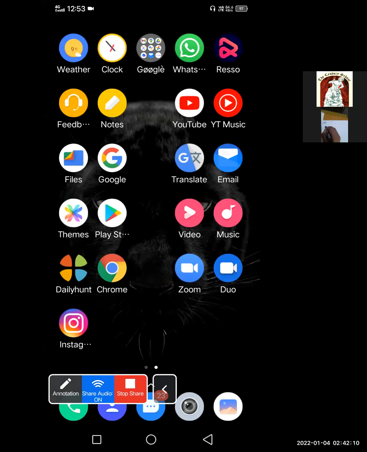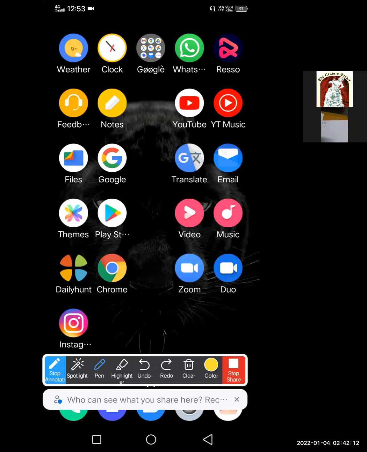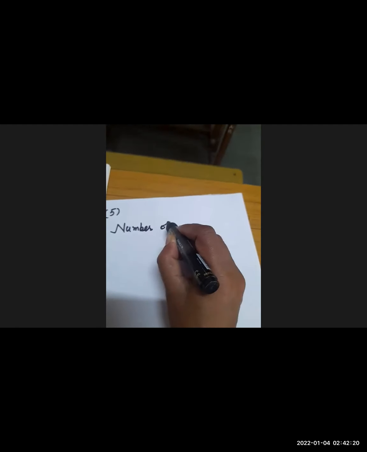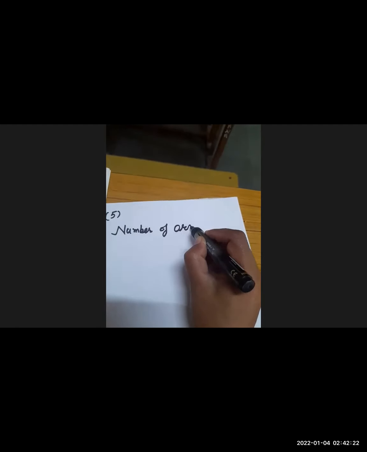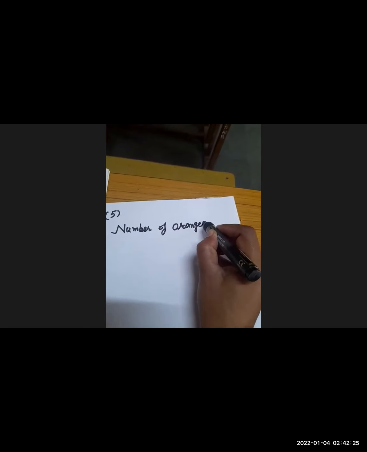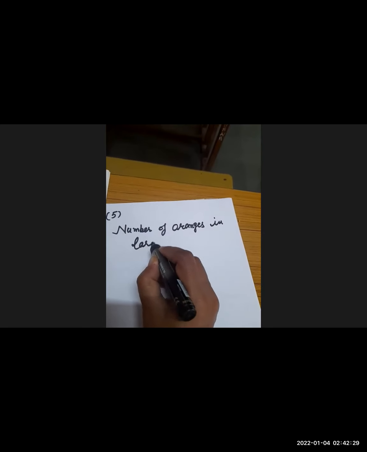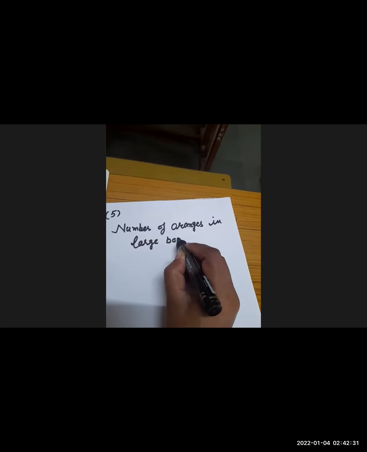Number of oranges in large box is 3 smaller box, 3x plus 7.